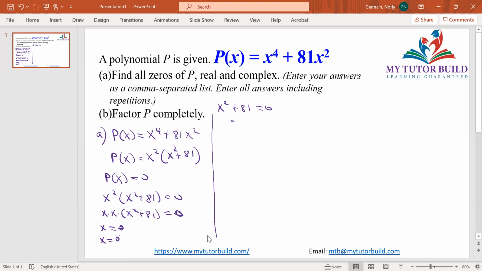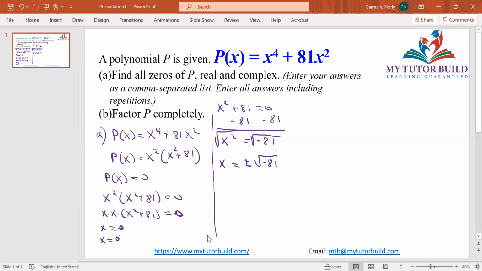If you subtract 81 from both sides, we end up having x squared equal negative 81. Now, taking the square roots of both sides, it would give you x equal plus and minus the square root of negative 81.